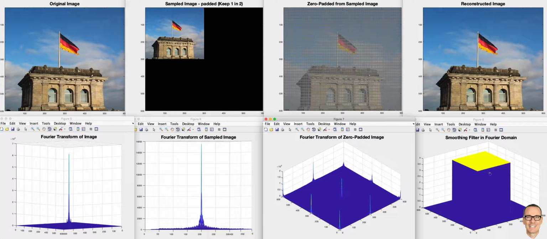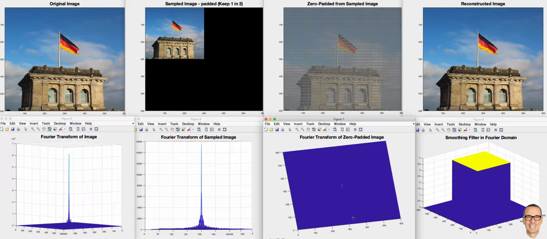What I'm showing here on the right-hand side is the low-pass filter that we need to apply to the zero padded image. In the Fourier domain, we take this filter that we've padded, and to get a reconstructed image, we have to filter out all of these copies. All of the copies around the edges of this image, we need to filter them out.